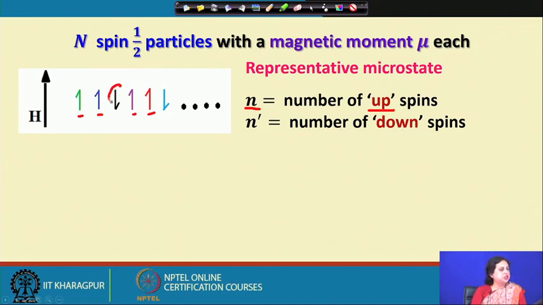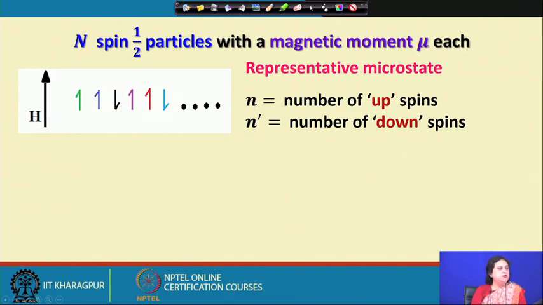In this picture I will have n prime equal to 2, and therefore, if I have capital N equal to 6, this microstate is completely described in terms of small n equal to 4 up spins and small n prime equal to 2 down spins.